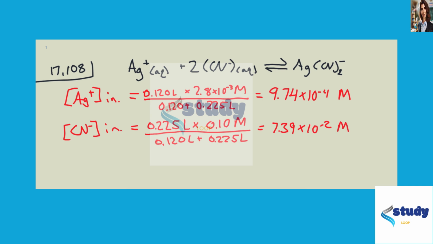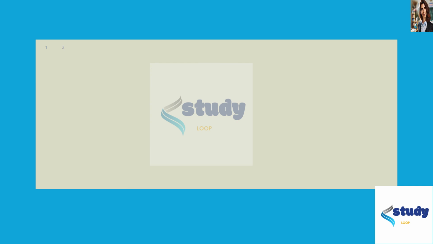So now we'll open up a new page, keeping these concentrations in mind, and draw an ICE table. The relevant species are silver plus, CN minus, and the complex ion.